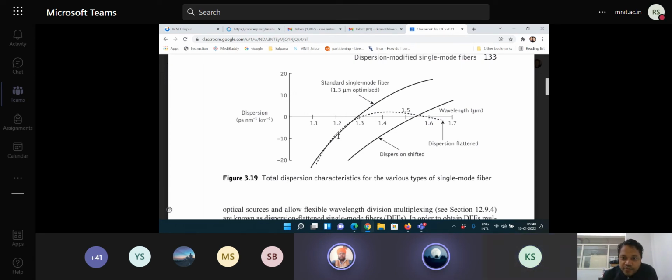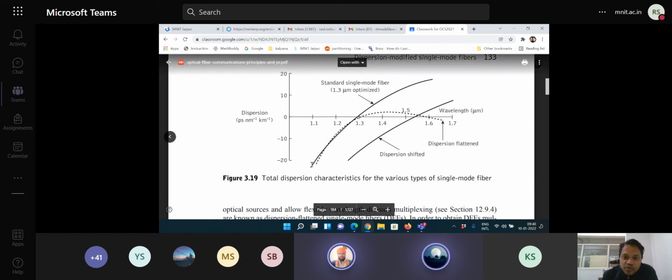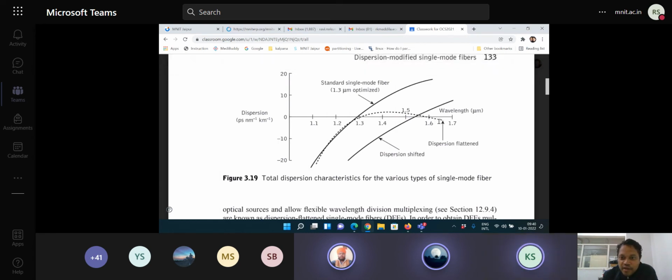And there is another type of fiber which is the dispersion flattened fiber. If you're using a dispersion flattened fiber, then you can have very low dispersion over a range from 1.3 micrometers up to 1.6 micrometers. So it is possible to transmit higher data rates on these particular wavelengths if you're using a dispersion flattened fiber.